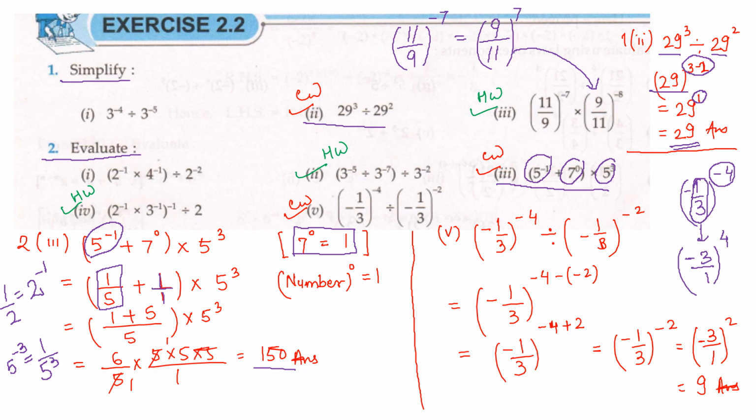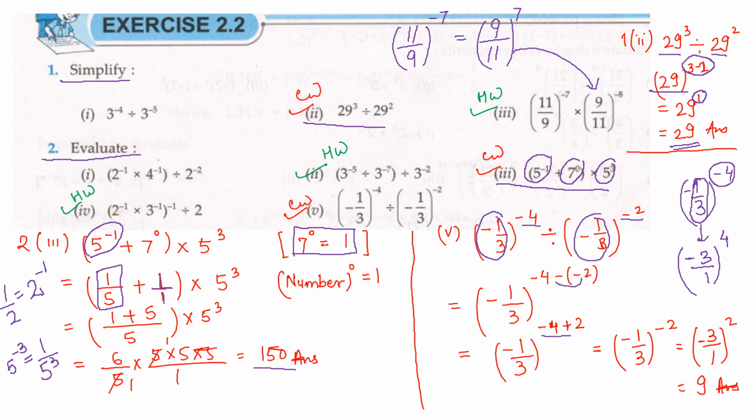This is very basic. We have already done the basics in class 7 also. So minus 1 by 3 to the power minus 4. Now here minus 1 by 3 and minus 1 by 3 are same bases. Na? So what we have done, when dividing, the powers are subtracted. Minus 4 minus of minus 2. So minus into minus will be a plus 2.